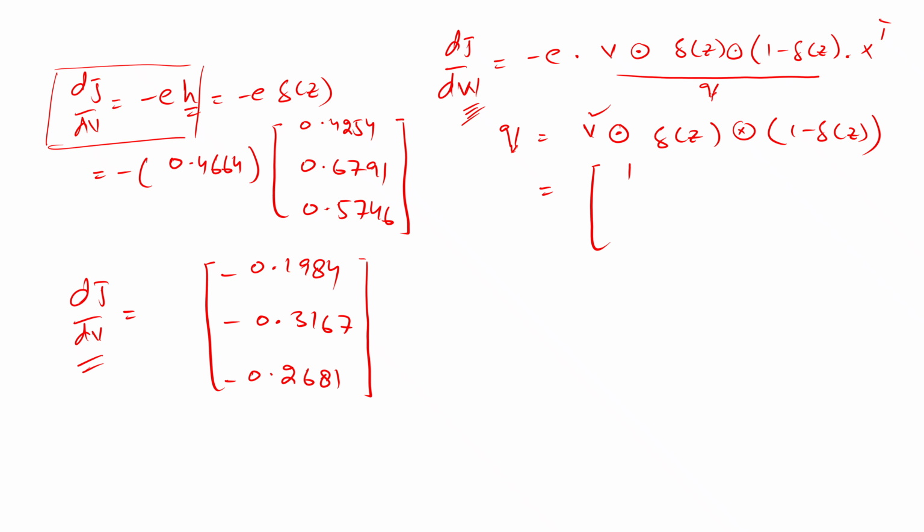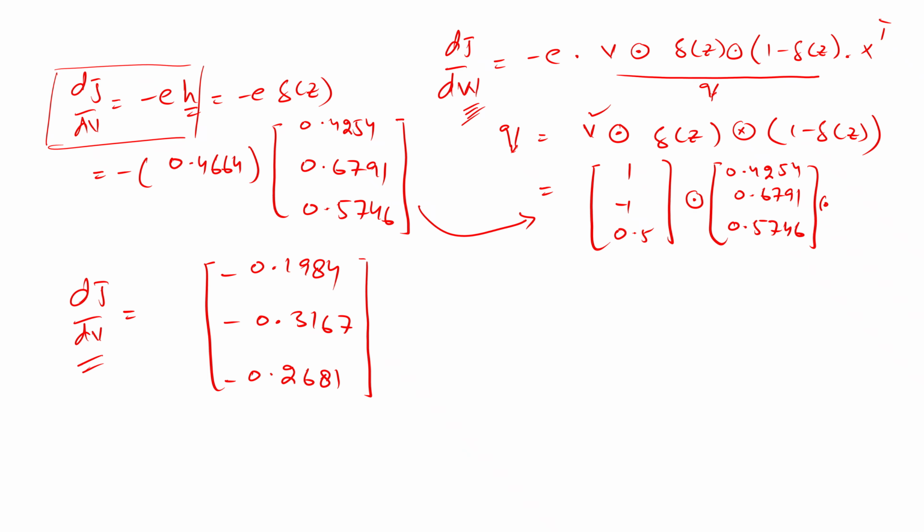So this is actually 1 minus 1 and 0.5. Then element wise multiplication: this is 0.4254, 0.6791, we can also see it from here, 0.5746, and this same value but subtracted from 1.